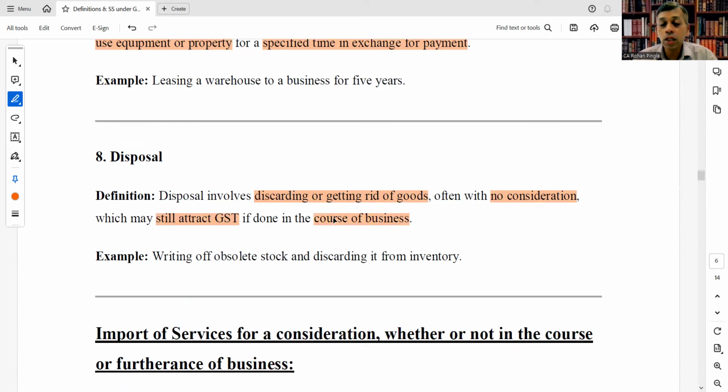It means if it is done in the course of the business, then it will be covered under GST. Example, writing off obsolete stock and discarding it from inventory, from the books.